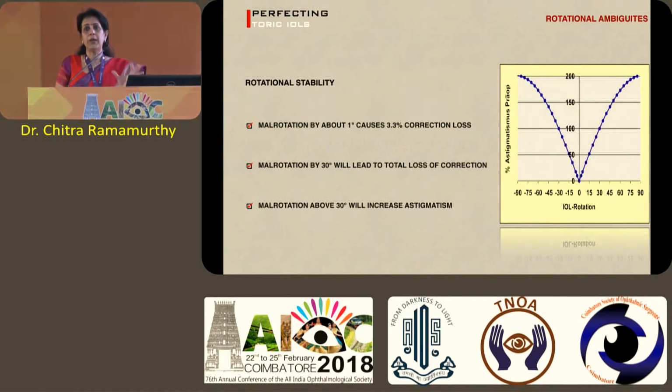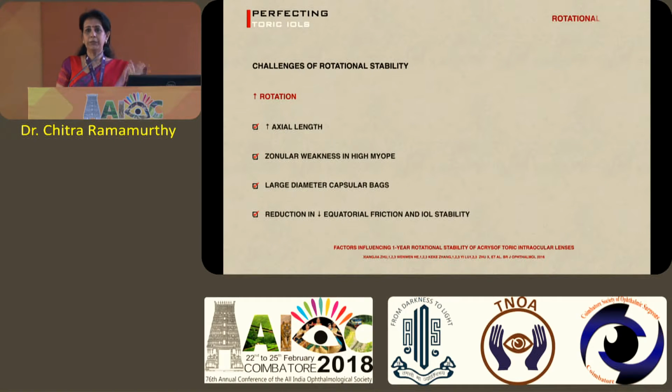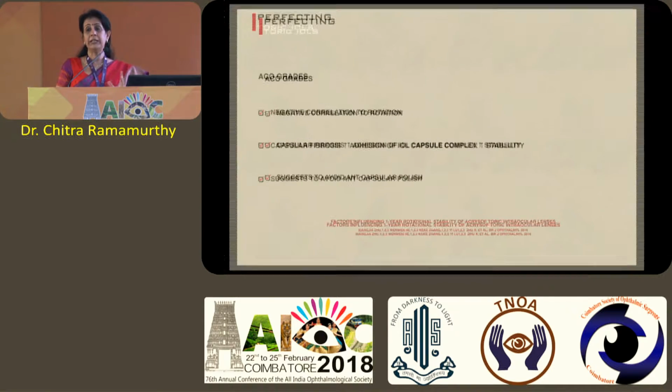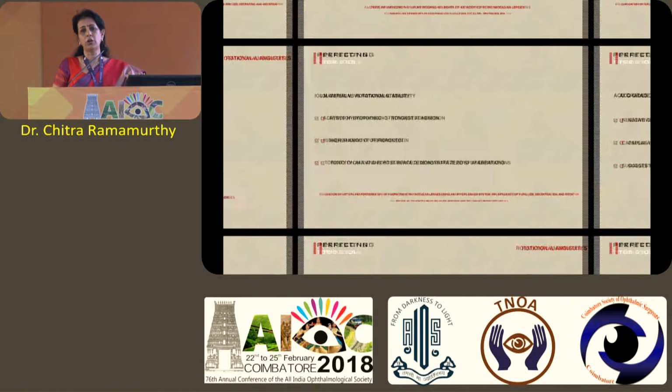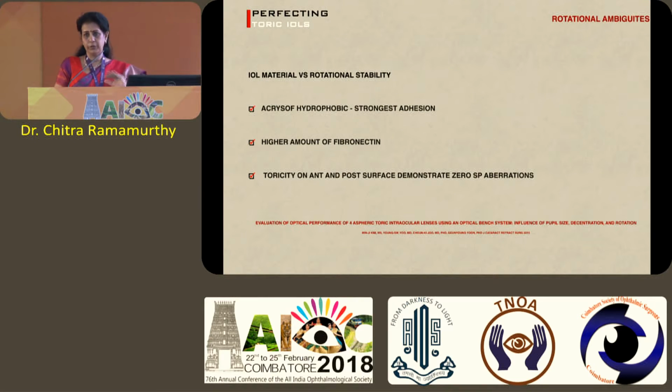You need to beware that in a large capsular bag, because of the larger bag, there's lack of equatorial friction, and there is a challenge of rotational stability. You need to understand that what could happen is, if you do an anterior capsular polishing, the bag adherence may be less. So to have an IOL bag complex adherent, probably you should not do an anterior capsular polishing.